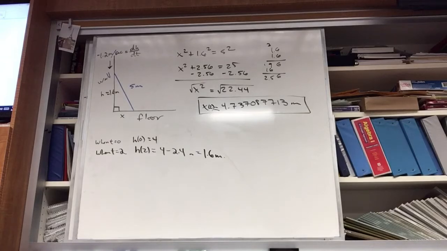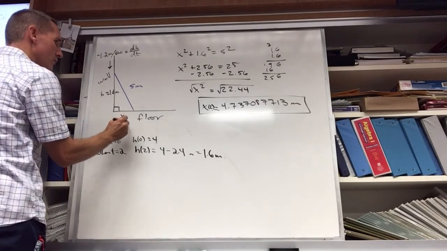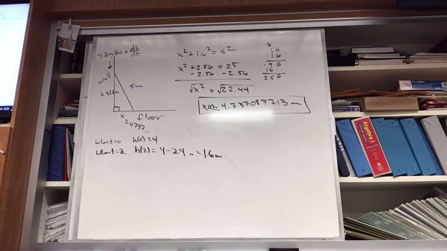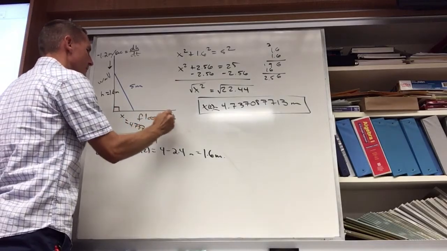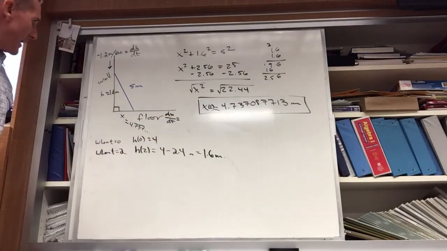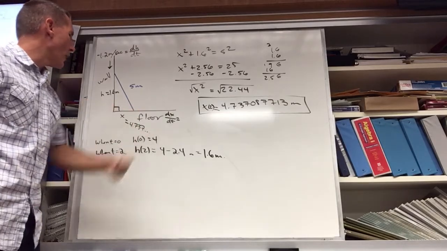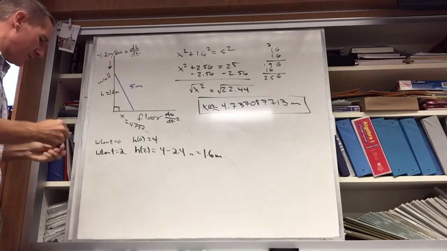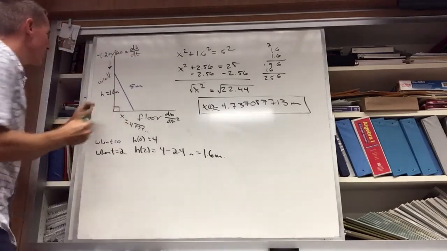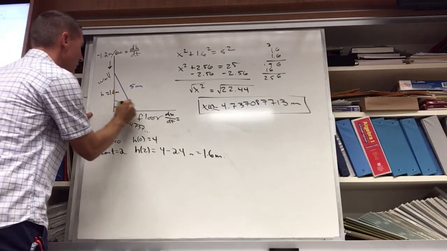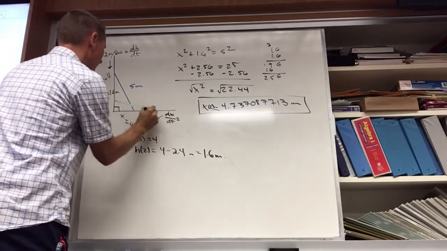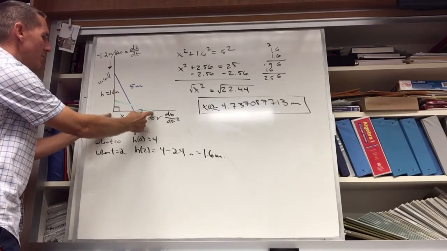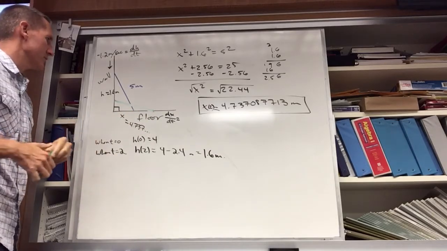So now that I have that x is equal to this 4.737 dot dot dot, I'm looking for dx/dt. dx/dt is the rate that the bottom of the ladder is sliding away from the wall at this particular moment when the height is only 1.6 meters, but the distance from the bottom of the ladder to the wall is 4.737 meters, right?